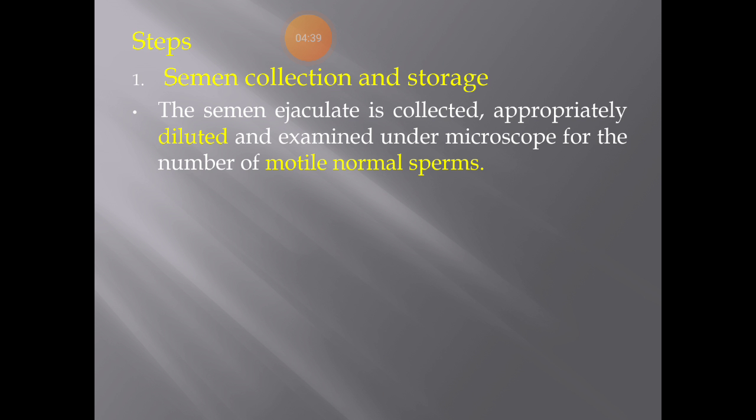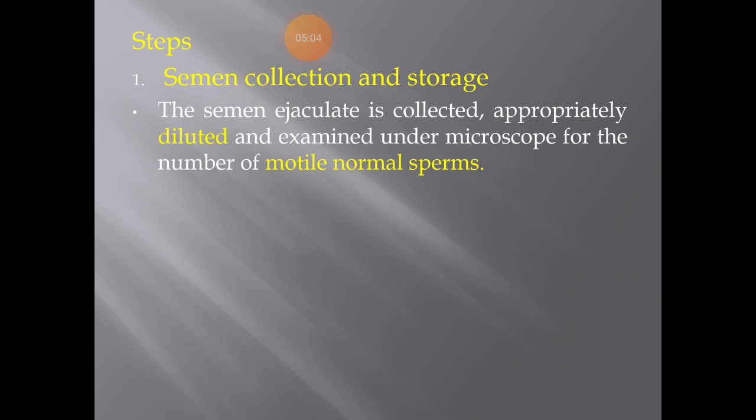And once the semen is collected, it needs to be appropriately diluted. Again, there is a correct, neat protocol for dilution of the semen. You have to follow that protocol and dilute it. Again, you should go back to your previous semester and make a note how the semen is diluted.